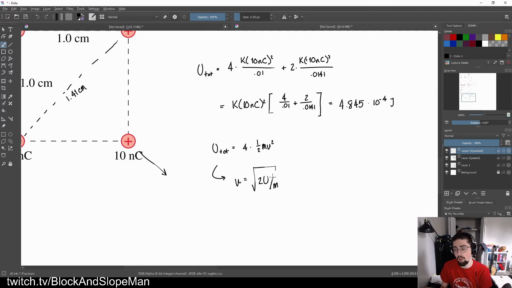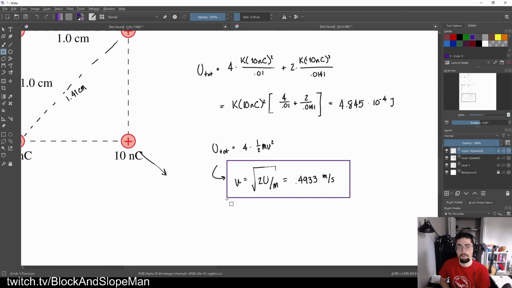We just found that potential energy. What we should find at the very end for our speed is 0.4933 meters per second. Just like that.